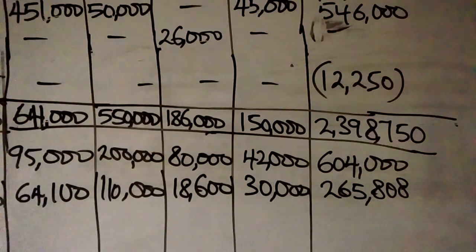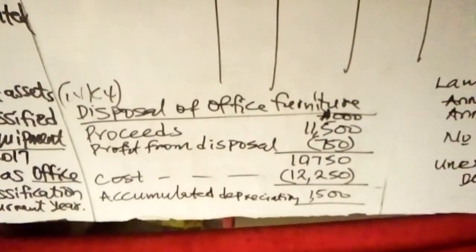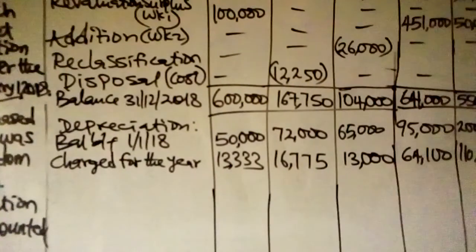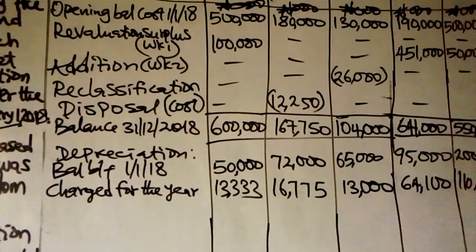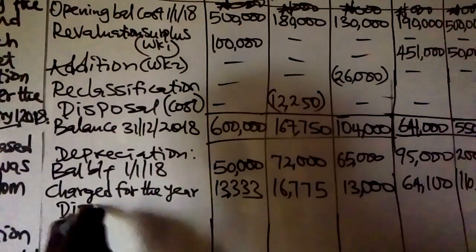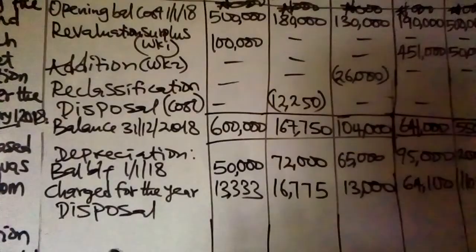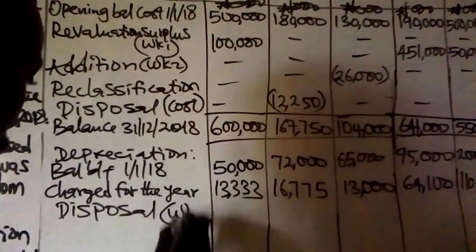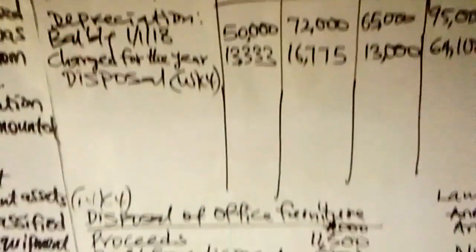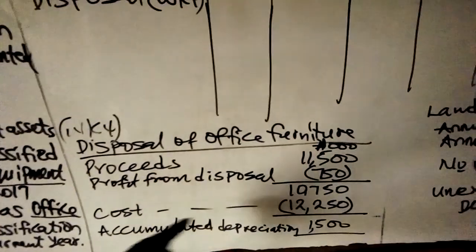Remember, office furniture was disposed of during the year. The depreciation attributable to the furniture disposed has been calculated in our working, and that is 1,500. So you put disposal, 1,500. You are going to subtract that 1,500 from the depreciation attributable to the furniture.